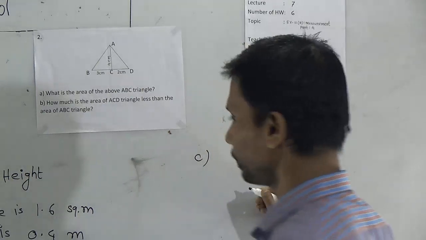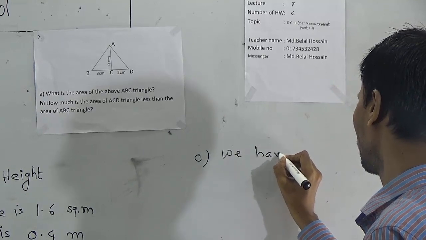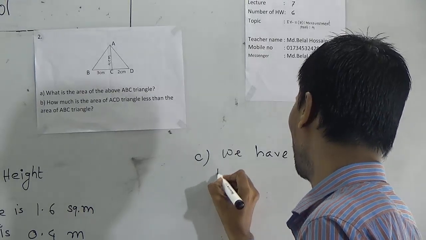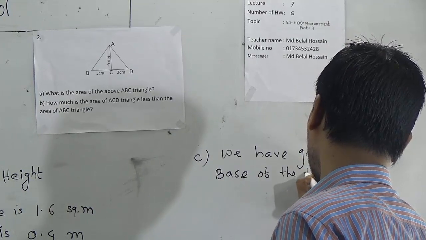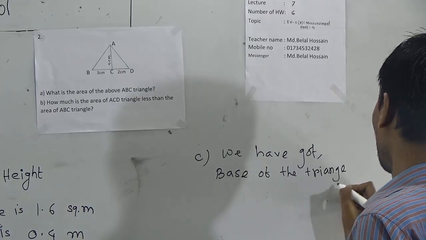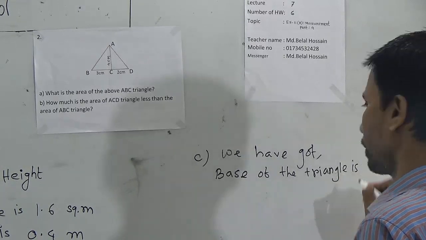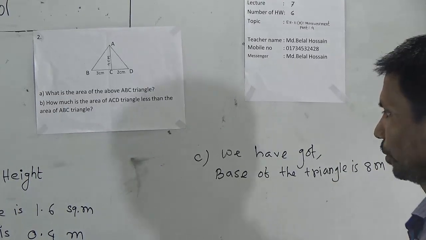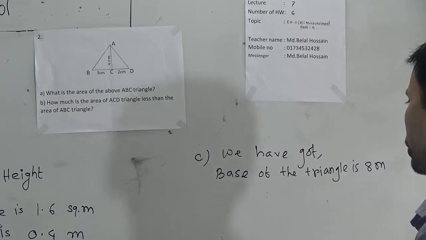We have got base of the triangle is 8 meter. Right here 8 meter. Now we have to determine the area of the triangular shape.